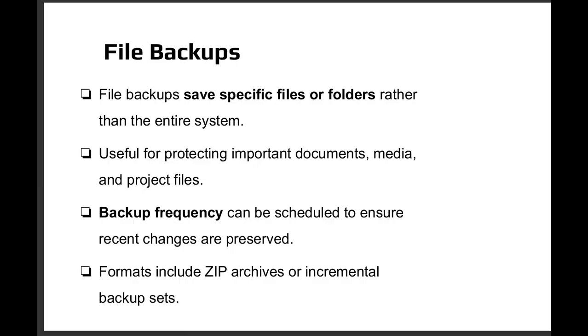File backups should have a regular scheduled frequency. We want to ensure that all of our file backups are preserved and updated with the most recent user modifications. Your most common formats for individual file backups are zip archives and, in data restoration, incremental backup sets.